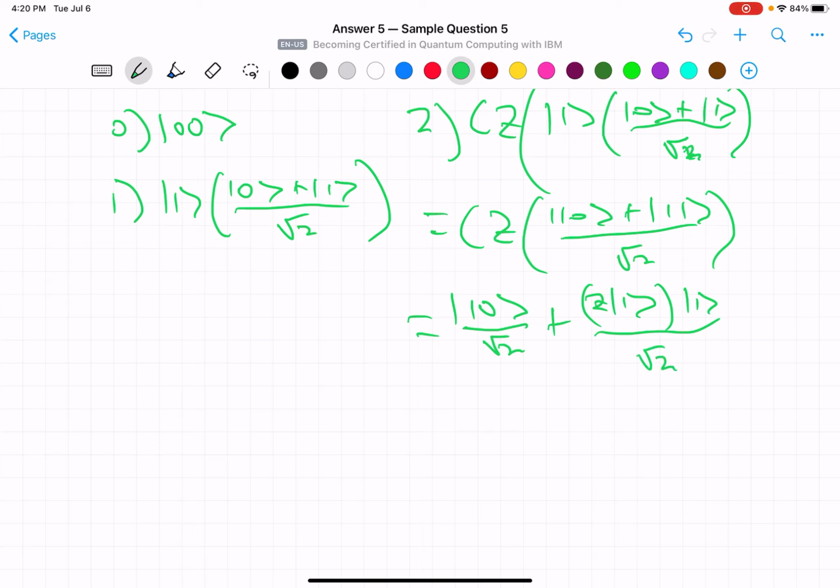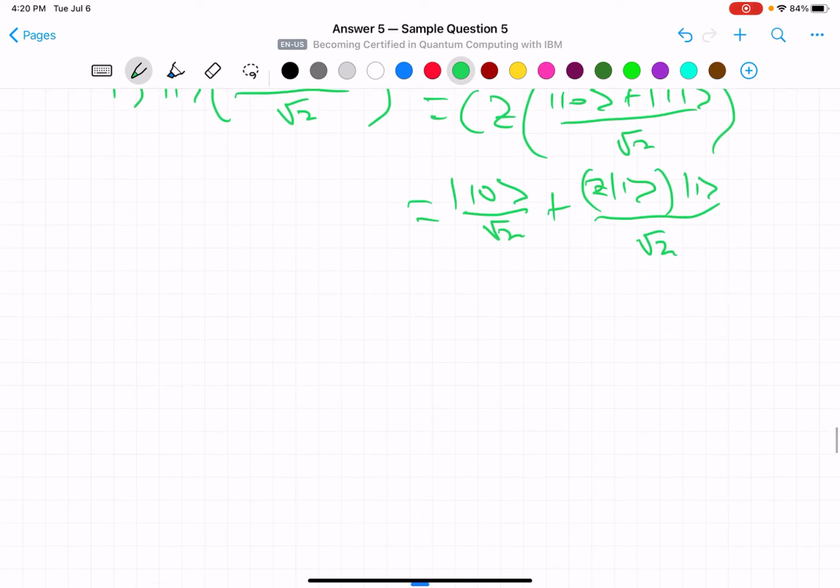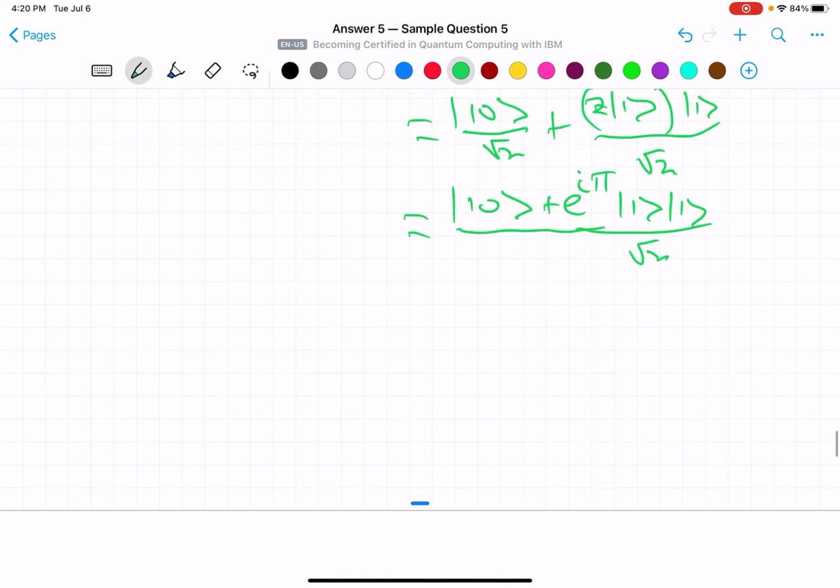And the Z gate on the 1 state adds a phase of -1, which is equal to e to the i pi, which means we're going to have a relative phase, all over root 2.